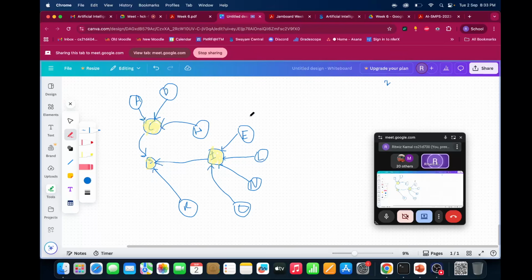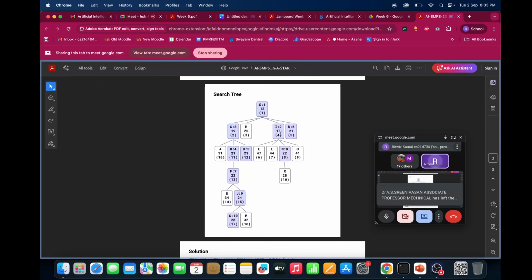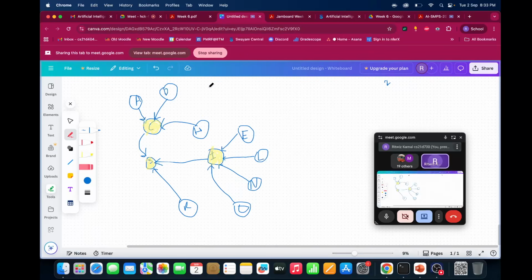Okay, what is the next node to be expanded? Let's have a look at that. The next node to be expanded is D, which has only one child, which is F, with cost 22, and let's add that to our graph.